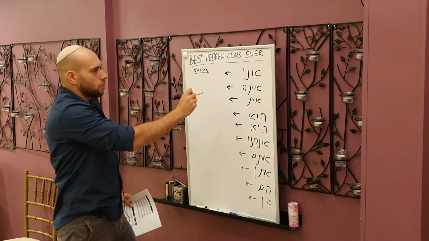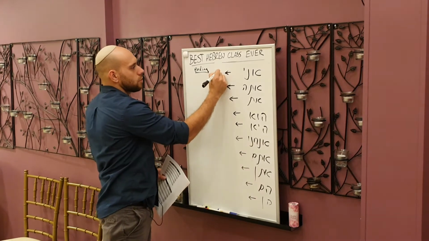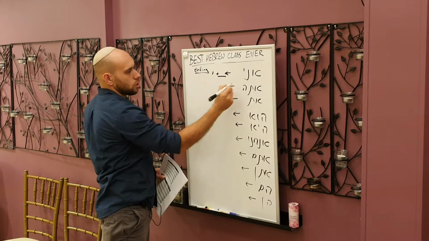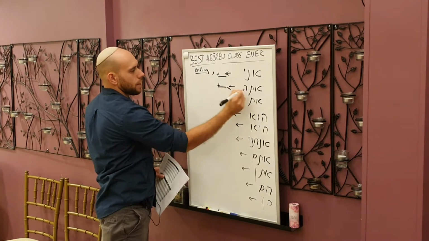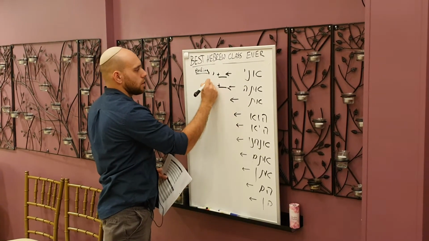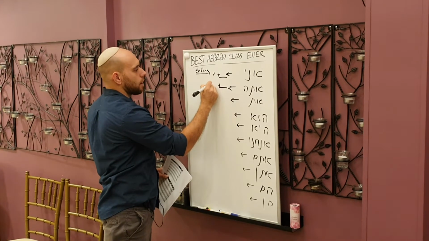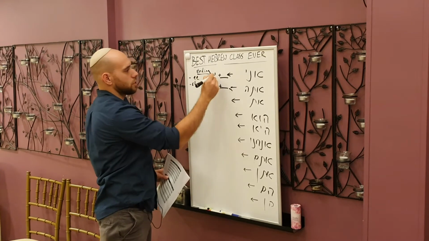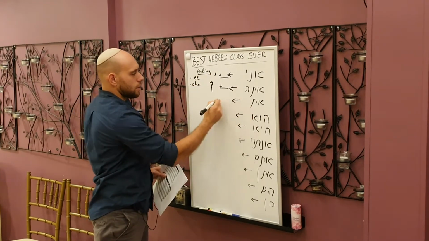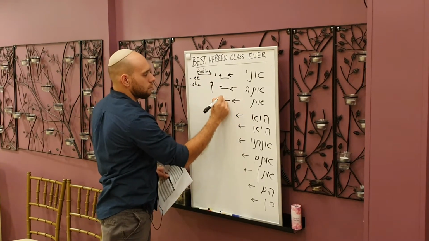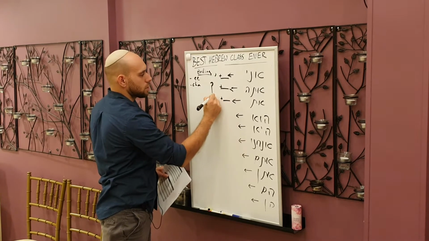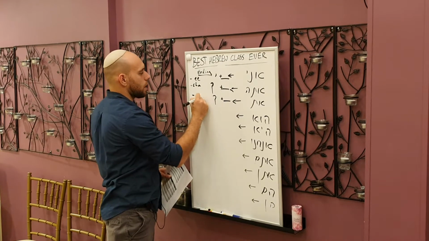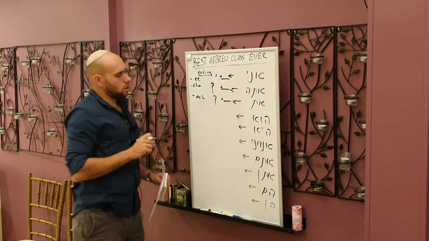For ani, you've got the word, and then the ending is yud. For ata, you've got the word, and then the ending is kha. So this is i, this is kha, this is ekh. It looks the same, but the feminine is pronounced ekh.